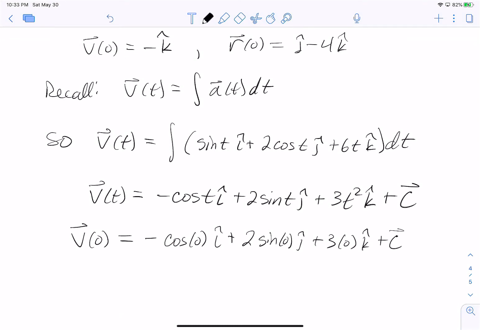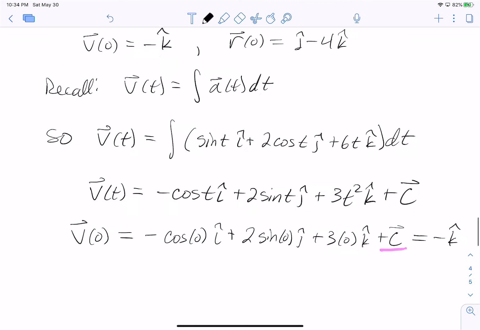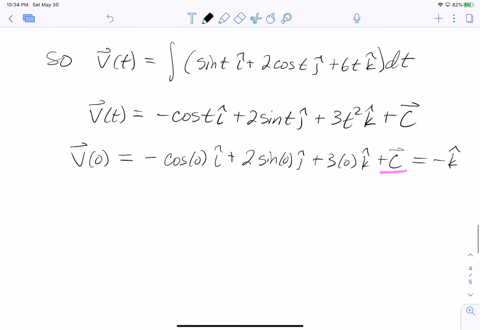That's not where the problem comes into play. v(0) is supposed to be -k. What do I do with the -k? Well, folks, v(0), all of that we just wrote down, is equal to -k. What we're after is what to put in place of the constant vector c. So let's simplify our components and see what we have.